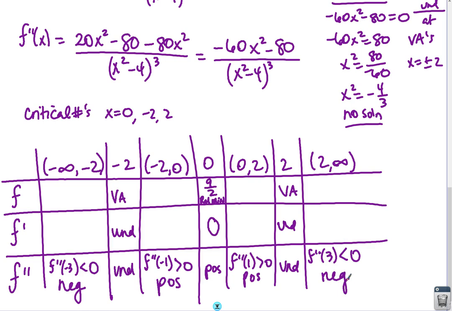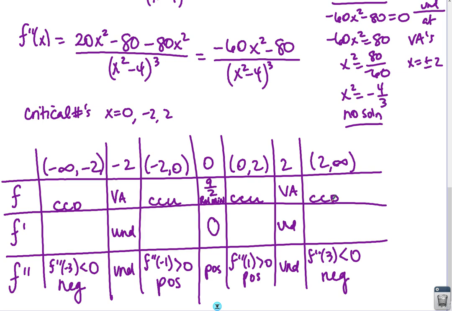So now I can determine concavity. I'm going to leave a little space because I also need to write out increasing and decreasing, but because I've already done the second derivative, I can determine that my function is concave down, doesn't exist here, concave up, still concave up, and then concave down.